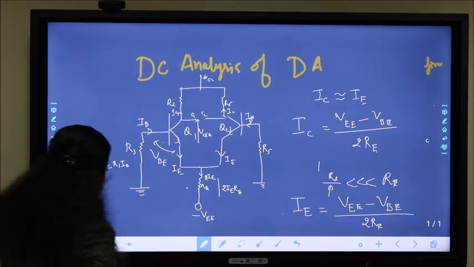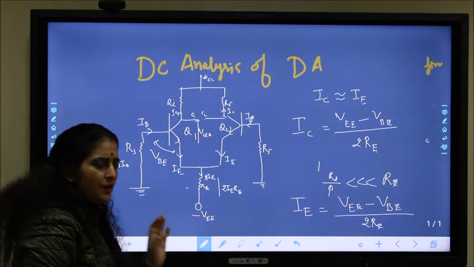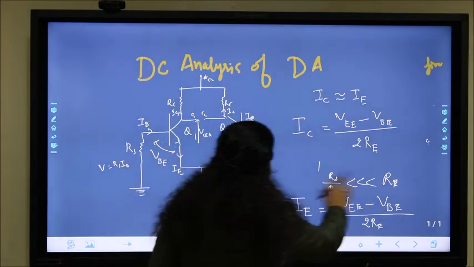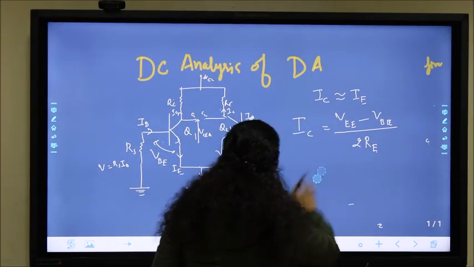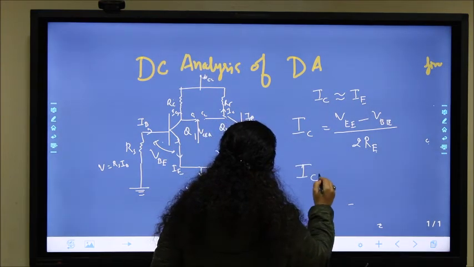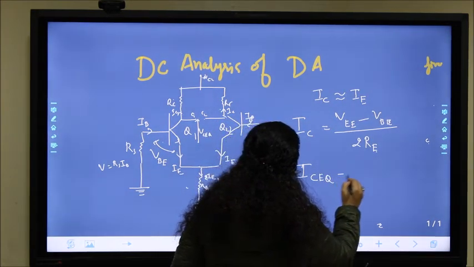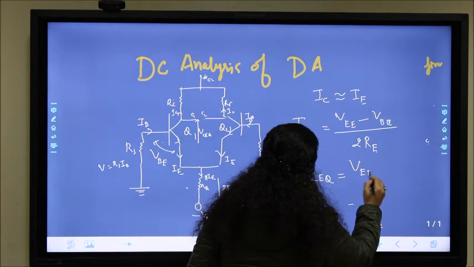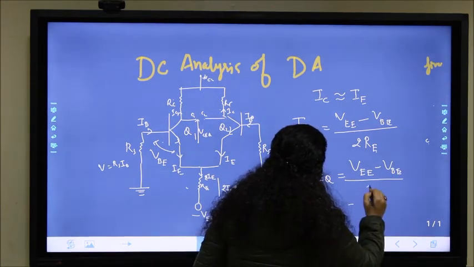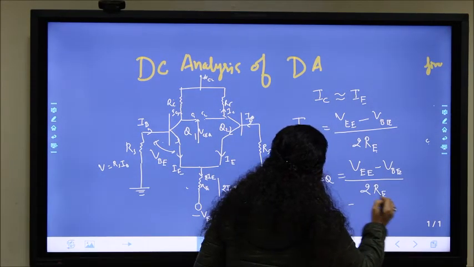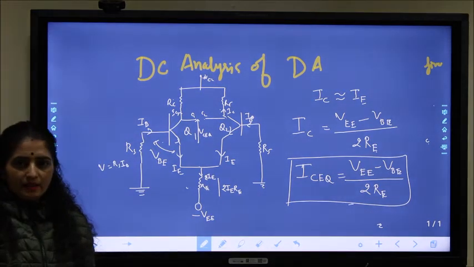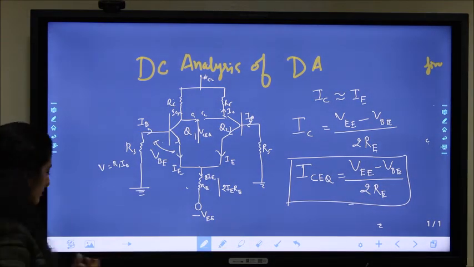This is the value of the collector current at operating point. Now I rewrite this equation: ICQ is equal to VEE minus VBE upon 2RE.